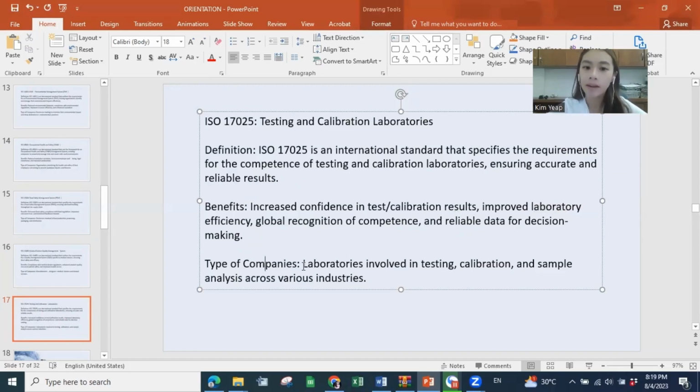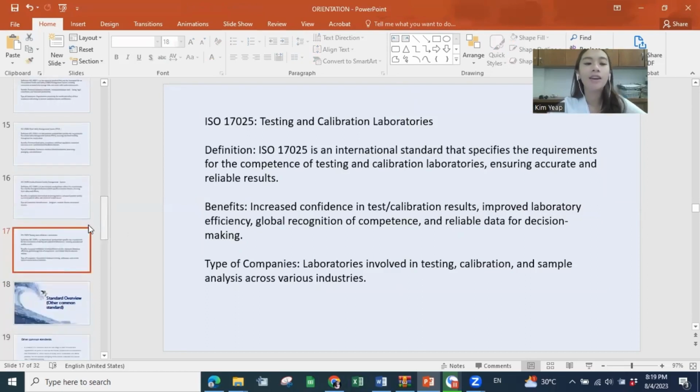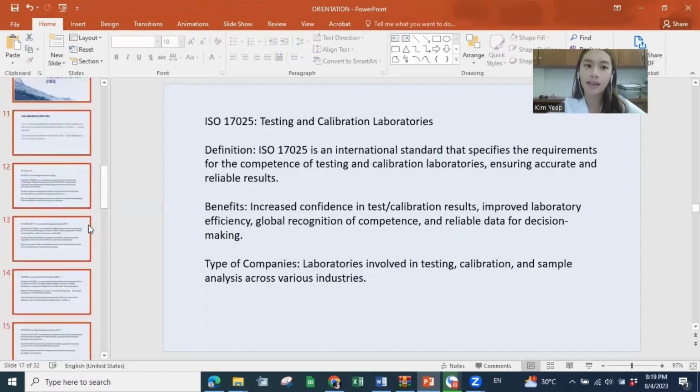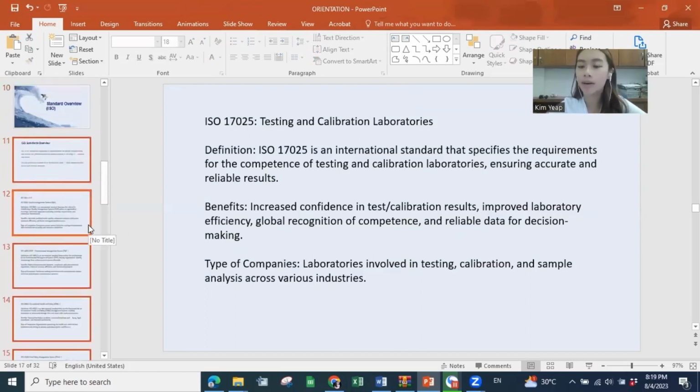Now, the type of company is a lab, which does testing and calibrations. So these are all about ISO. We always say, always remember, ISO is not the only body that drafts standards. For example, halal is another type of standard.